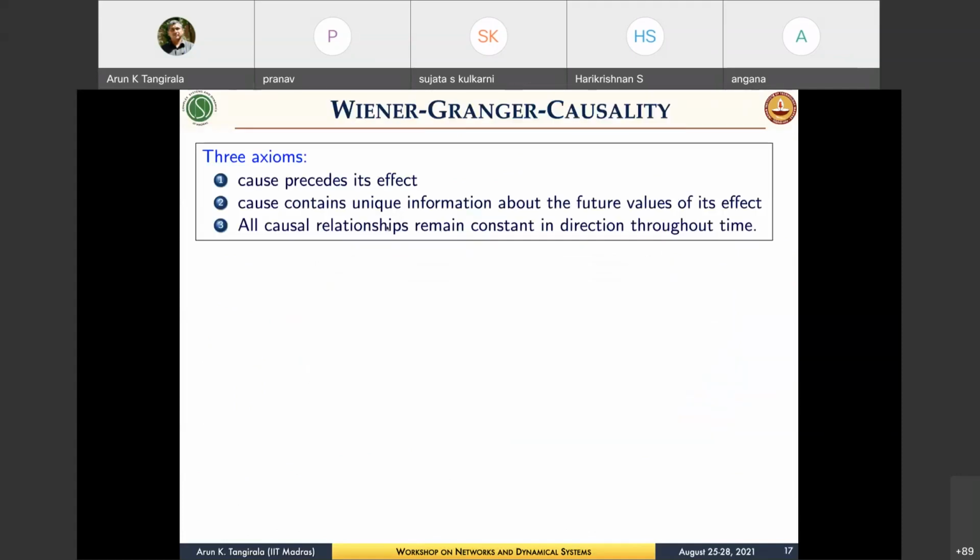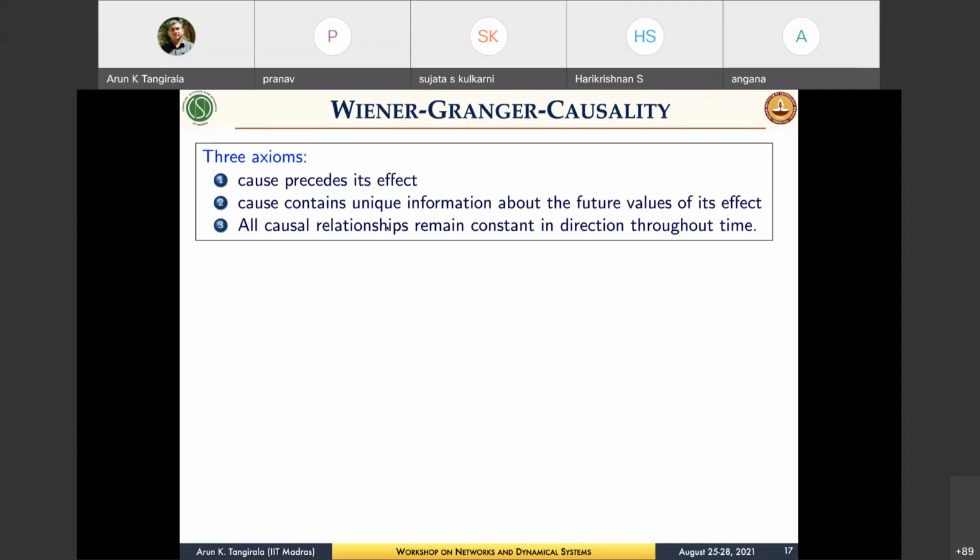I've already explained to you the basic idea or the basic premise. It stands on three axioms. Cause precedes the effect. Cause contains unique information about the future values of the effect. And all causal relationships remain constant in direction throughout time. Now, the first one has to do with temporal precedence. The second one, uniqueness, is very difficult to verify.